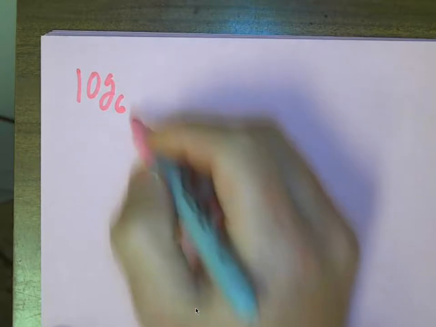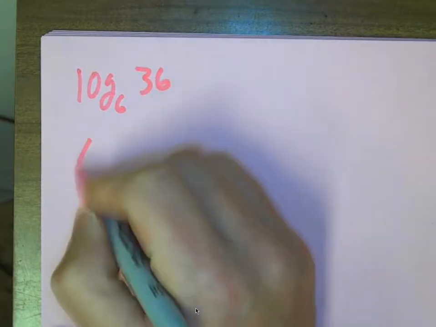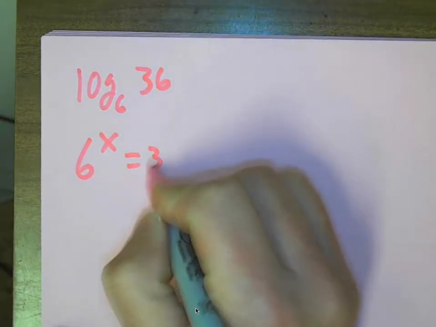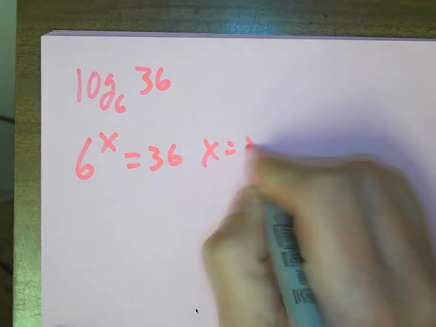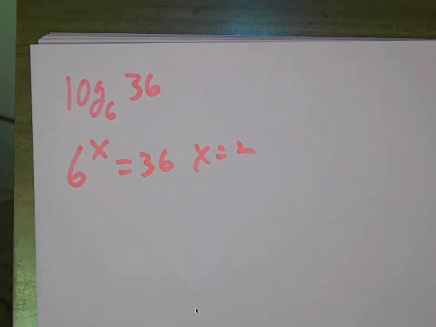So if they gave you something like log base 6 of 36, you can think of it as 6 to what power gets you 36? Well, that's easy. Power 2, right? Hopefully that makes sense.